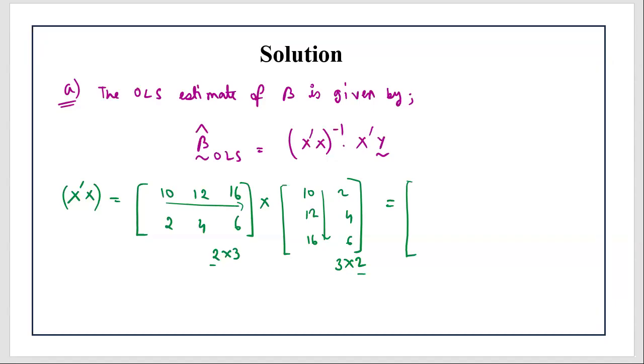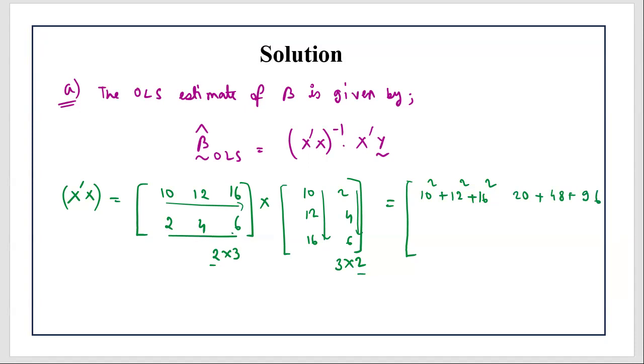The first thing will be 10 square, then 12 square, then 16 square. That is the first element. Now for this and this: first term is 10 into 2, which is 20, plus 12 into 4, 48, plus 16 into 6, which is 96.